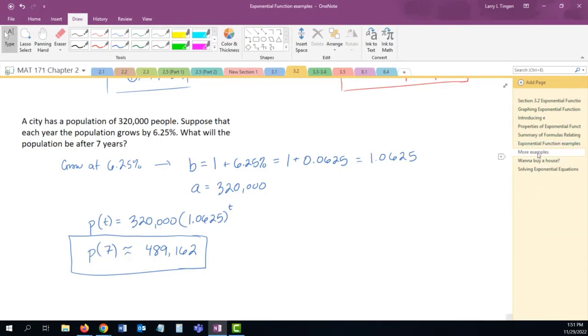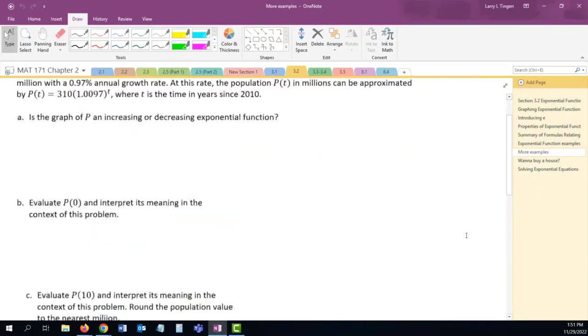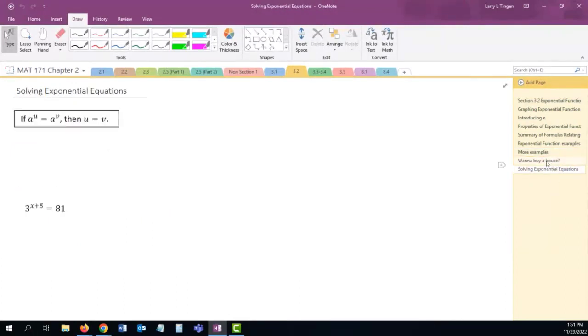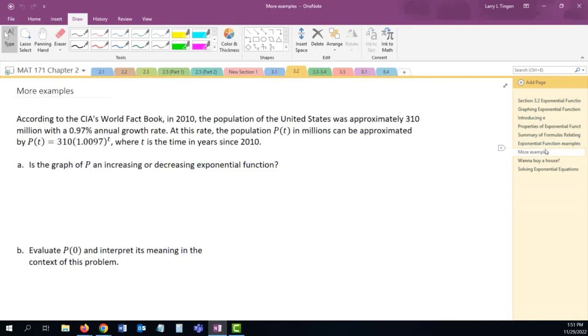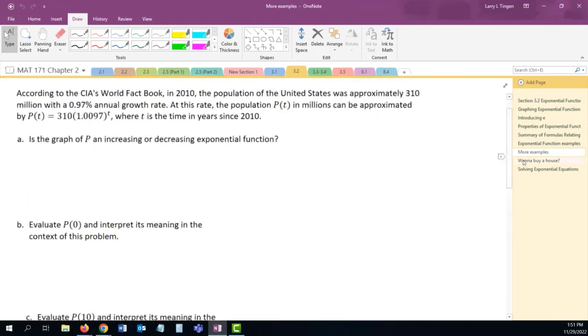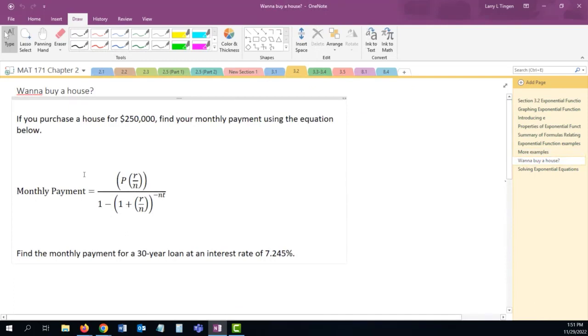All right. And I'm going to skip the rest of those. These are just more examples of doing the same stuff. There's your exponential equation. Find the initial value, find the value after 10 years. If you want to buy a house, here's the monthly payment equation. You can plug in the numbers you have.